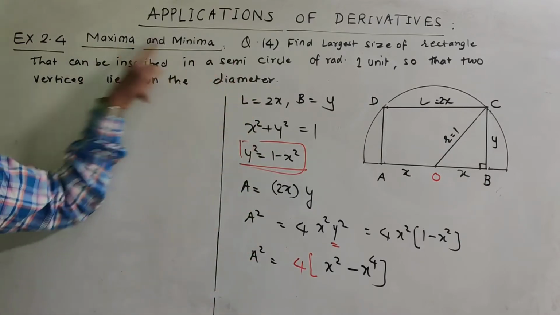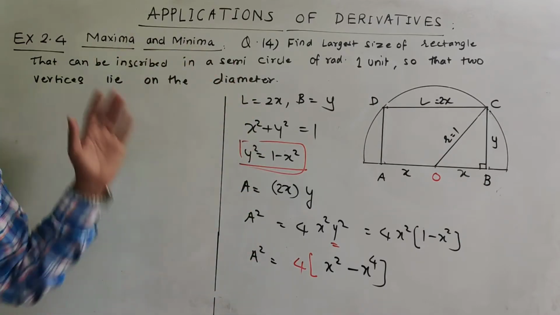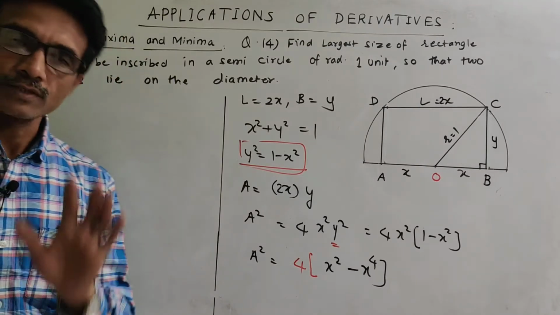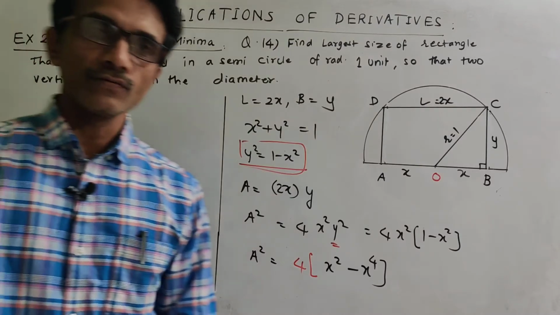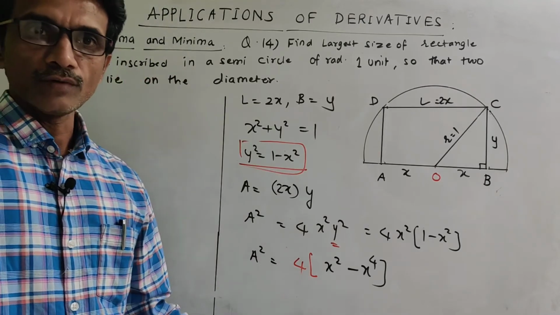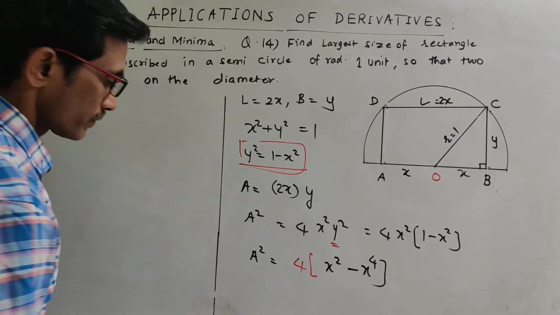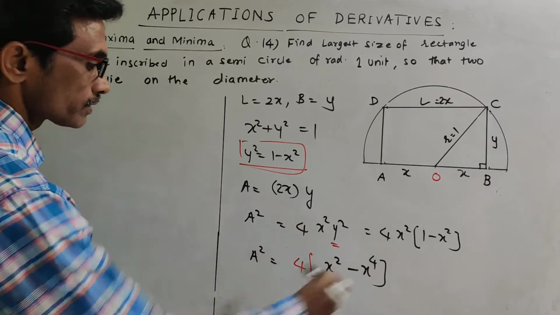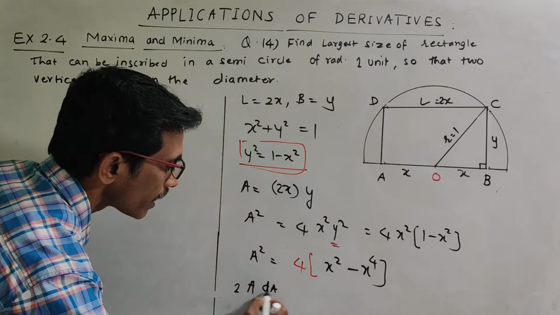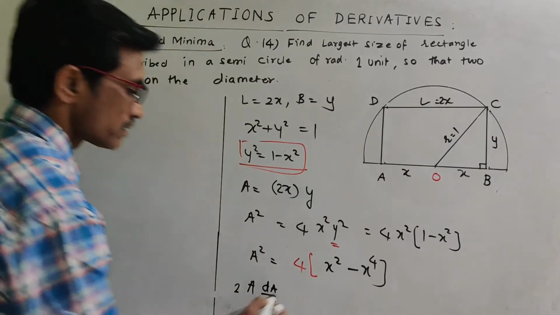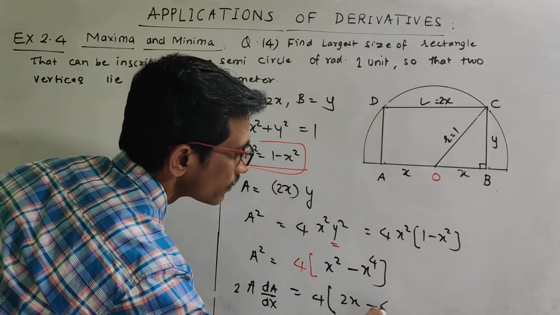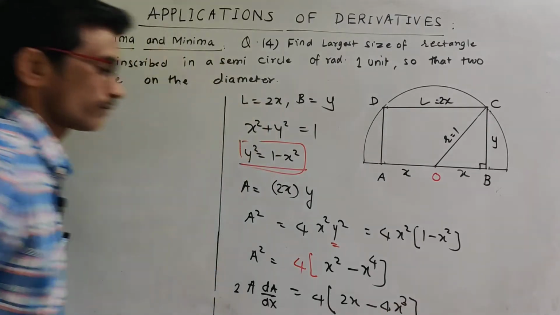अभी maxima and minima के लिए हमको first order derivative, what are the steps of maxima and minima. So we find first order derivative, we equate that first order derivative with 0, and we find the value of this x variable, value of unknown we find. So we are doing the same. We find first order derivative, differentiate it with respect to x. यहाँ पे डेरिवेटिव होगा 2A into dA by dx is equal to 4 constant, derivative of this is 2x minus 4x cube.